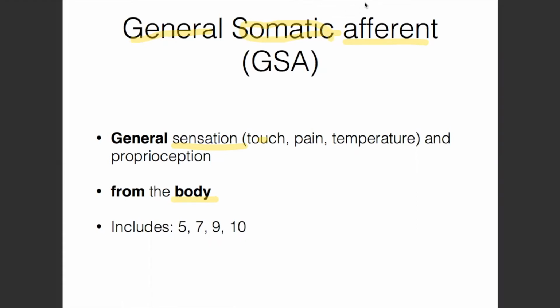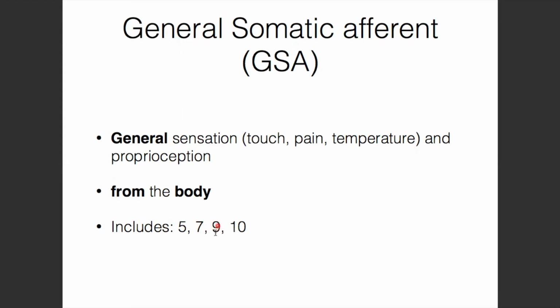Here are some examples. We have the fifth, which is the trigeminal. It carries normal sensation, like touch, pain, and temperature, from the face. We have the facial, number 7. It carries normal sensation from parts of the ear, for example.